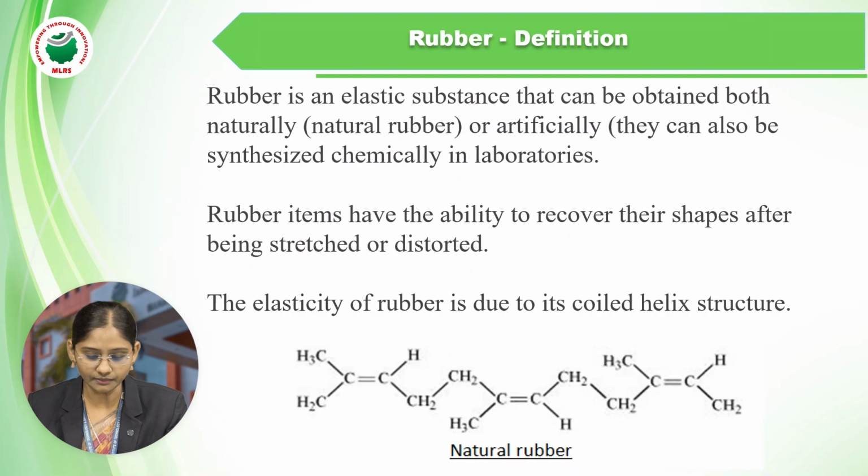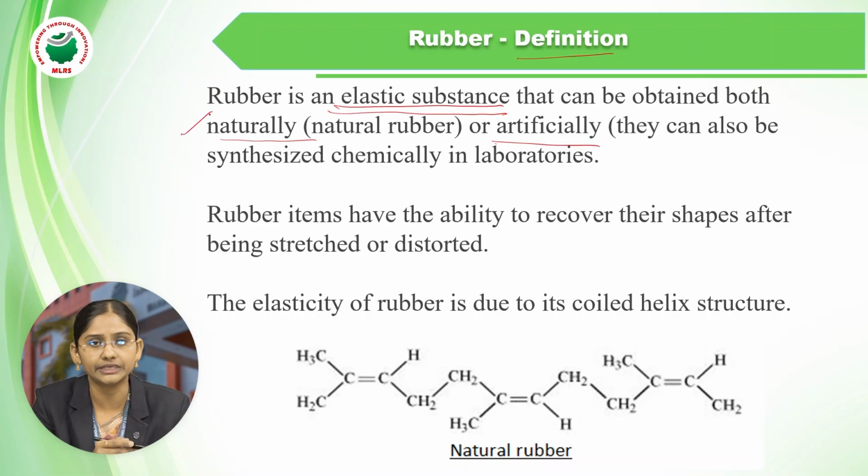Now we'll see the definition of rubber. What is meant by rubber? It shows a property called elasticity. It is an elastic substance that can be obtained either naturally or artificially. Naturally means it is obtained from the plant in the form of latex, which is called natural rubber.